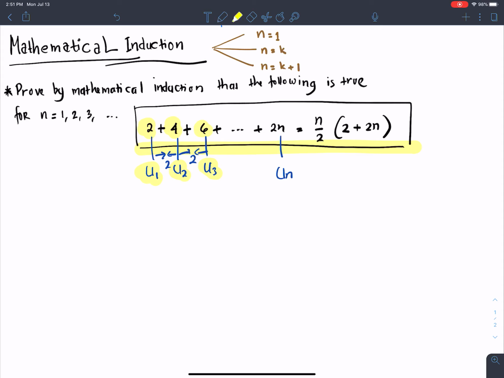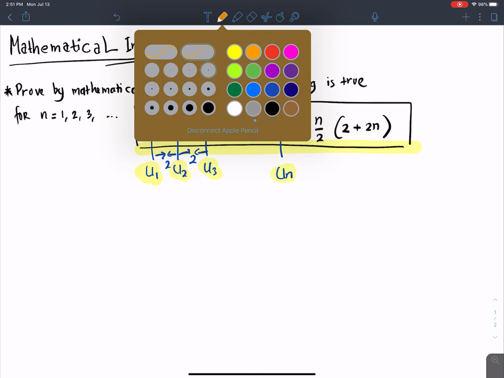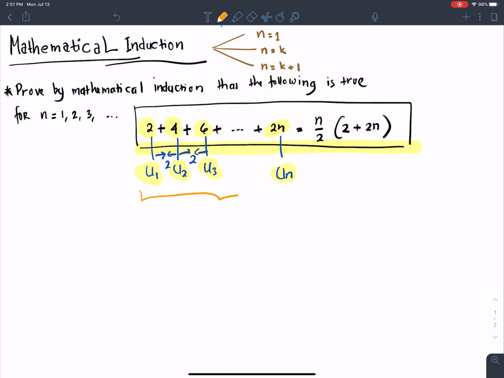You must understand this concept first: we call this un, and the total from the first term up to the un term here must be equal to this model. So this is the thing that we would like to prove.